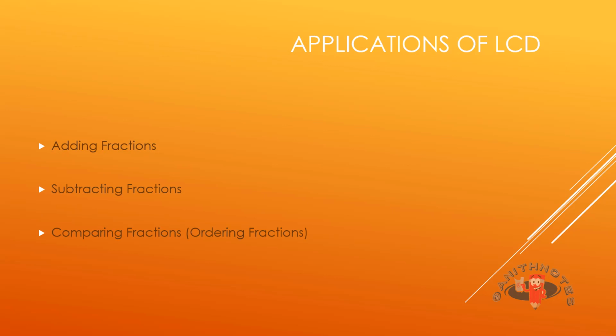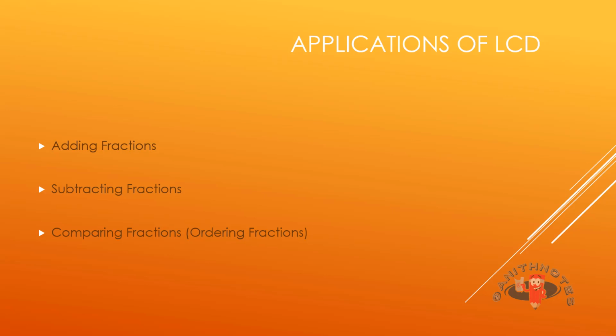So where is LCD applied in day-to-day life? Think about adding fractions. If you are given two fractions to be added, then as we have discussed in our previous video, you need the denominator of both the fractions to be common if you want to add those two fractions. So in case both the fractions do not have an identical denominator, then comes the concept of LCD.